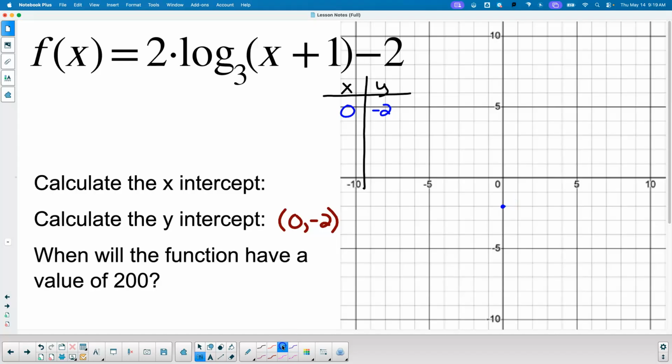The x-intercept is where y is 0. So that would be 0 equals 2 log base 3 of x plus 1 minus 2. So I would add 2 to both sides. I would divide by 2.